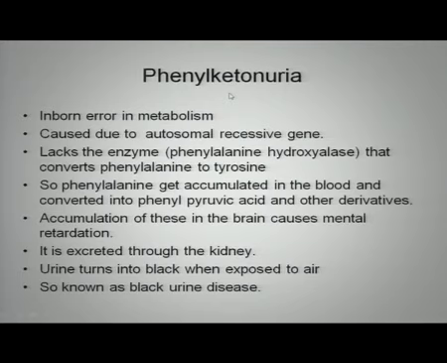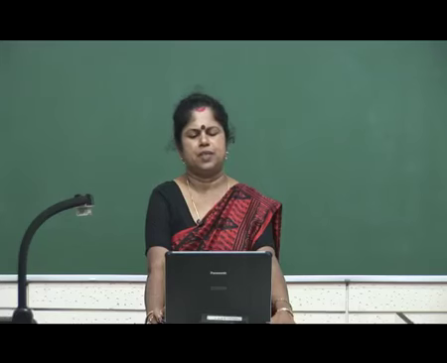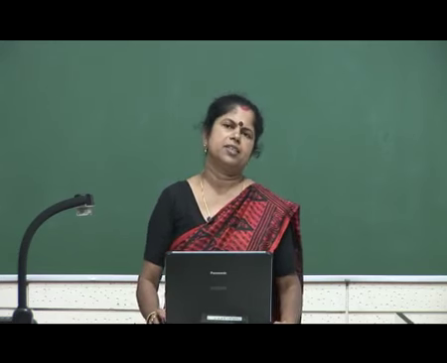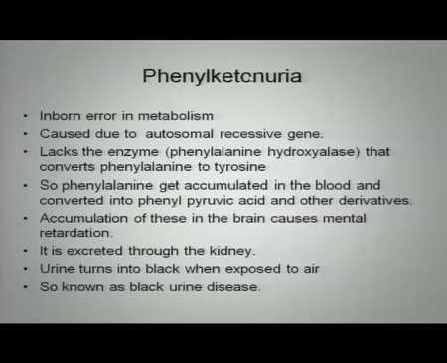Now, we are moving to yet another concept, an inborn error in metabolism, that is phenylketonuria. It is a metabolic disorder seen from the time of birth onwards. Here the reason for this is also a recessive mutant gene which is present in the autosome.